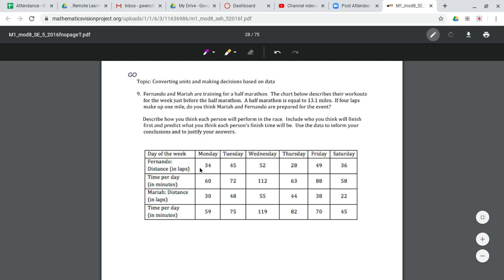So looking at the different amount of time that they raced for, so how long it took them each day to do the number of laps that they did, how many laps they did. Using all this information, you're going to determine whether or not you think that they're prepared for the half marathon they've been training for. So look at this information, find something to help prove whether you think they are or think they aren't.